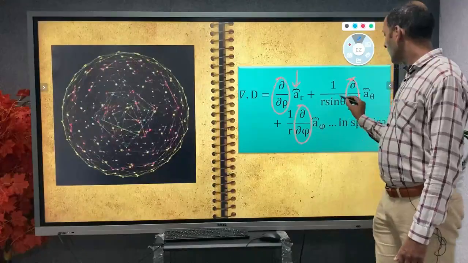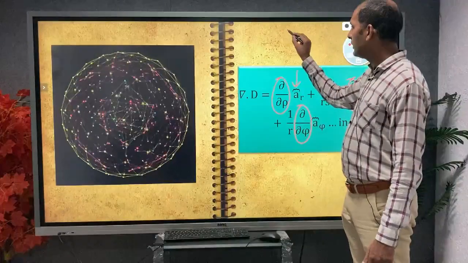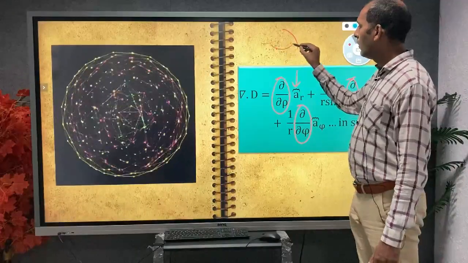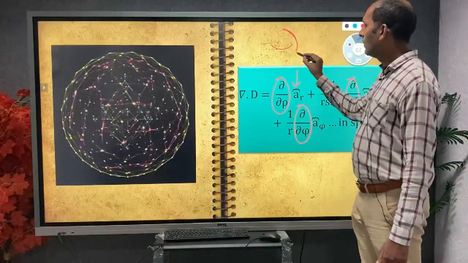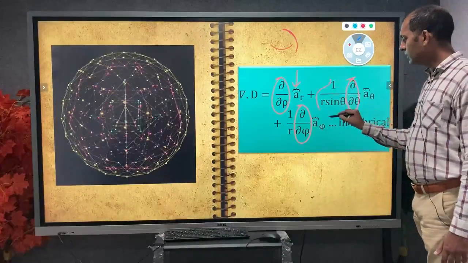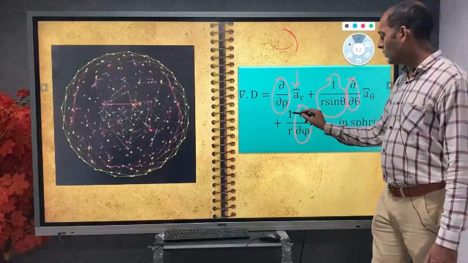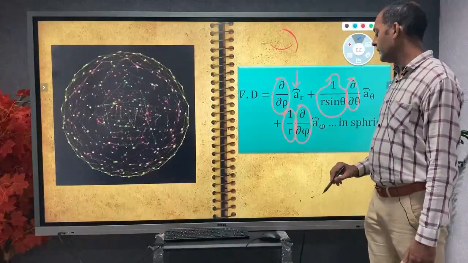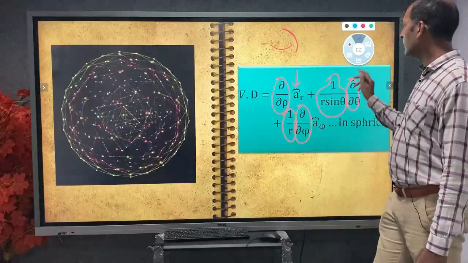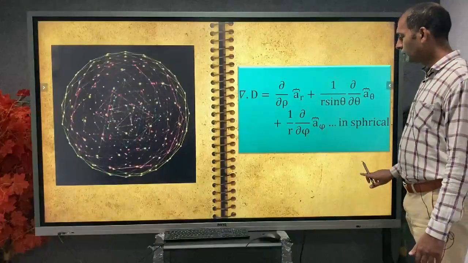Then as this is a spherical coordinate system, we have 2 curves, one as in cylinder, one for spherical. So for these 2 curves we get the additional 1 upon r sin theta and 1 upon r. So this is the del operator for spherical coordinate system.